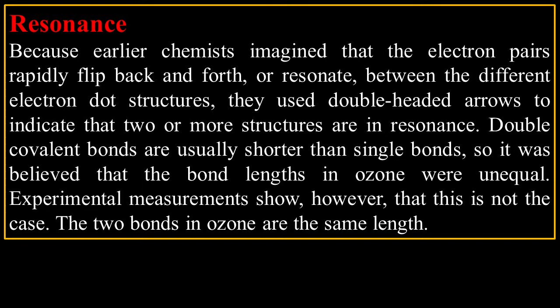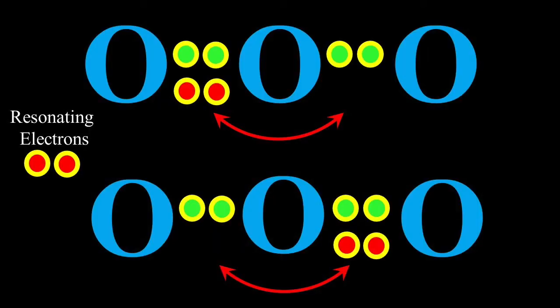Experimental measurements show, however, that this is not the case. The 2 bonds in ozone are the same length. Ozone, again, is an example of resonating molecules, and this double bond will change back and forth, the resonating electrons.